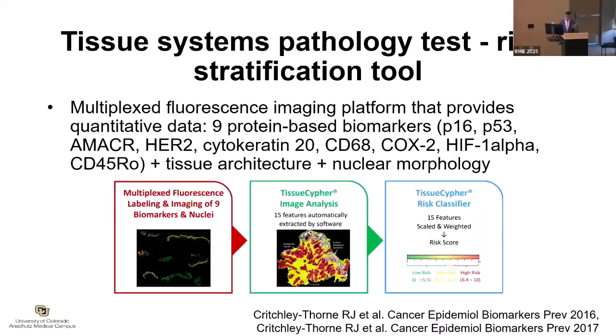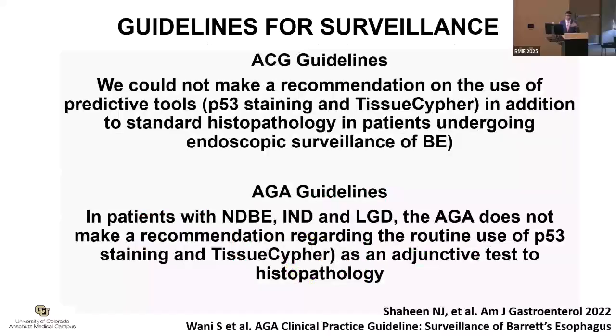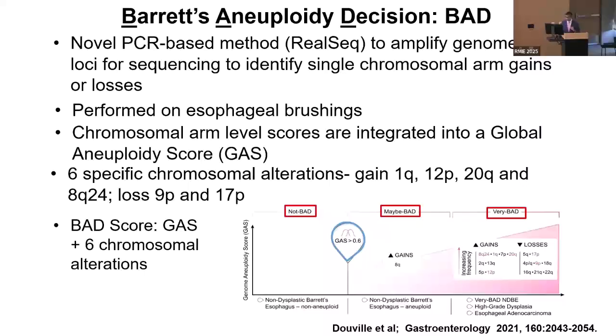We have this tissue system pathology test, or TissueCypher, that uses a panel of biomarkers. I'll tell you where the guidelines stand on the use of these biomarkers. We chose not to provide any recommendation for the use of P53 or TissueCypher in addition to standard histopathology for patients undergoing endoscopic surveillance.